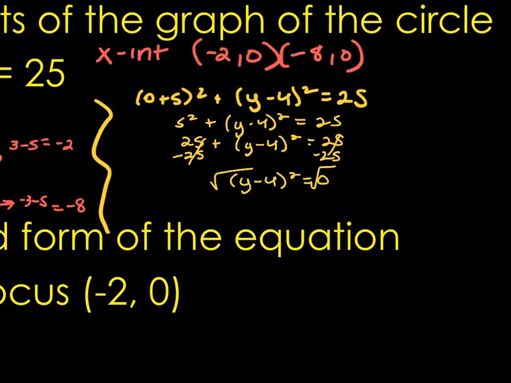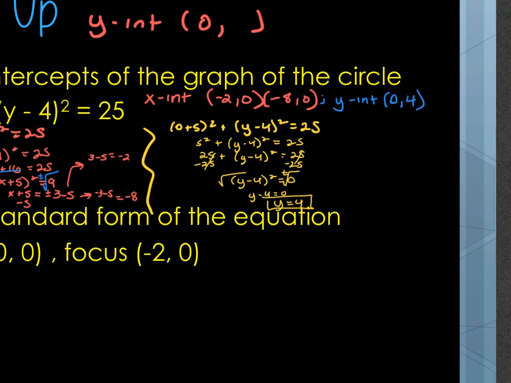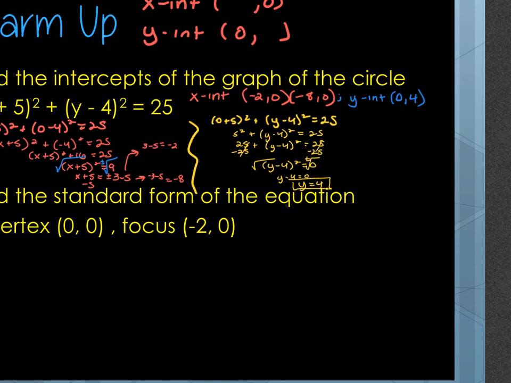Square root both sides. It's a 0, so plus and minus 0 doesn't matter. y minus 4 equals 0, and y would equal 4. This time I only have one intercept, which is fine. Y-intercept, 0, 4. If you had graphed this, which you could have graphed it to double check that, you should have seen it overlap with those points.